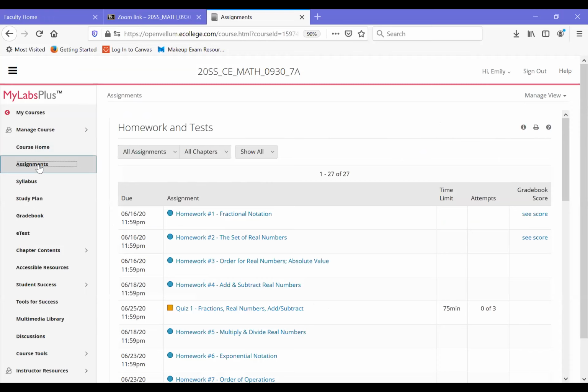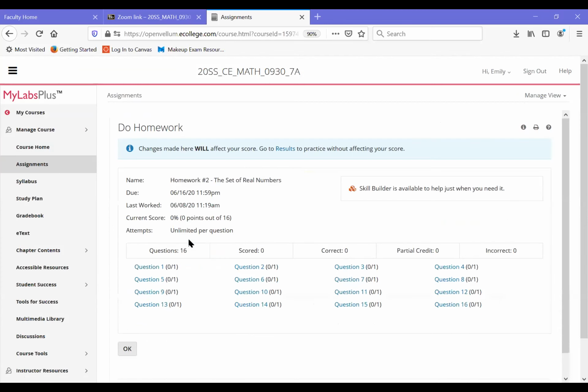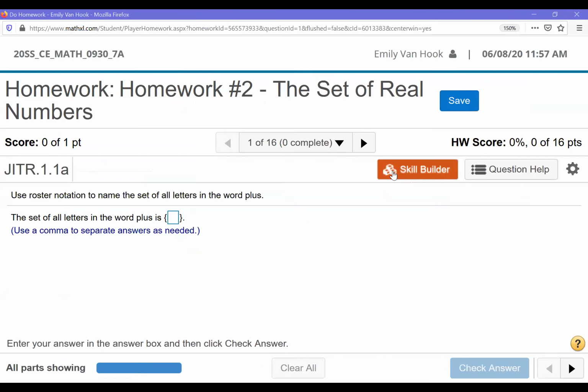Let's see, so we're now looking at our list of assignments. Let's look at homework number 2, the set of real numbers. And there's 16 questions here. Okay, so number 1, roster notation. That was that making a list.